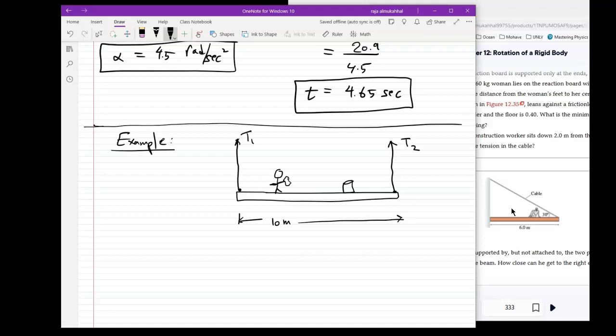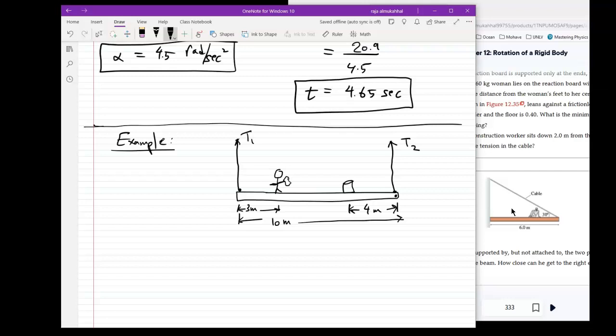And let's say the bucket is at a distance of 4 meters from this side. And then Joe, let's make him 3 meters from this side.